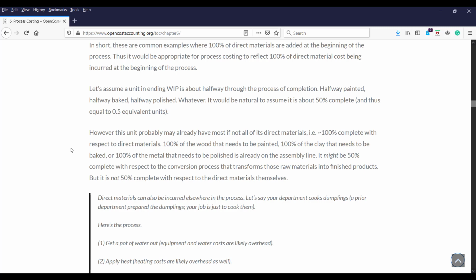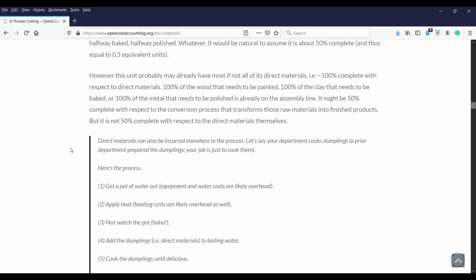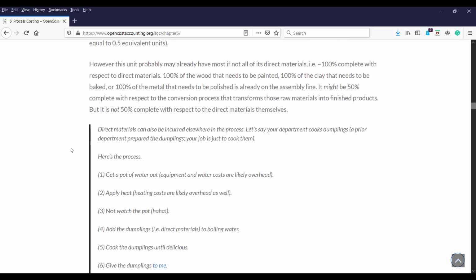They might be added, for example, here's an example I give, at the middle, at 50% complete. In fact, I have some problems that I give students that have the assumption that you add direct materials at 50% complete. And you think, why would you ever do that? Well, let's say you're cooking some dumplings. What are your labor and overhead, your conversion costs? Well, the gas for the stove, the wear and tear on the stove, so it's an equipment cost, and the labor of the cook.